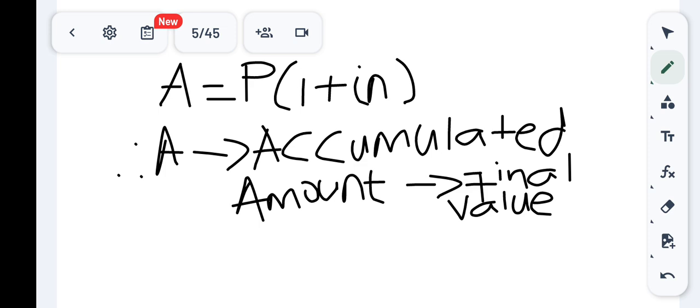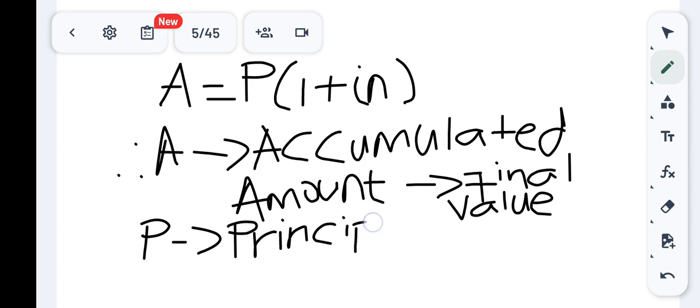So that is the final value, or the total amount. And then we have P, which is the principal amount, the original or initial amount.